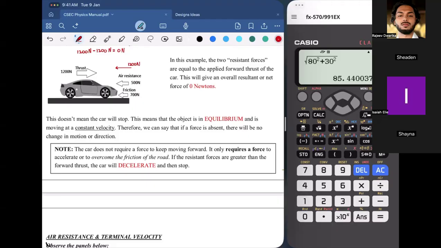Shay and Sheena, did you all finish with the diagram? Yes, sir. Okay, cool.